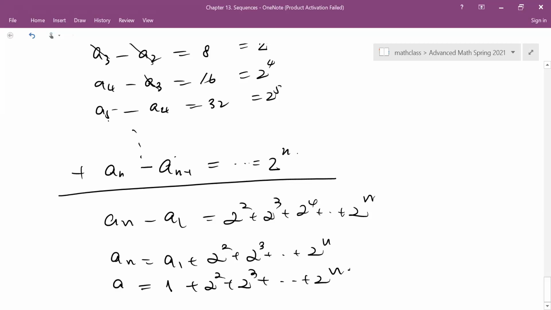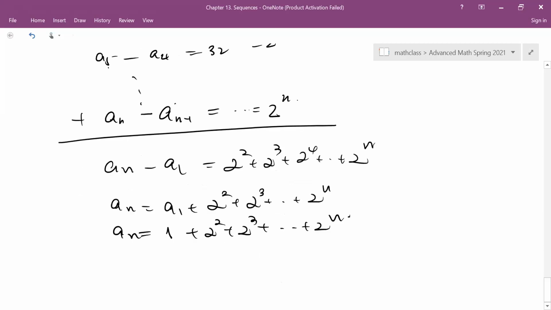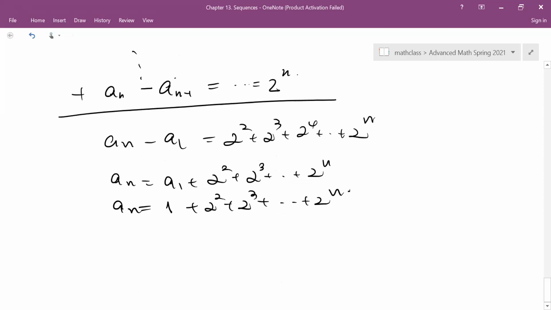So we get the formula for this sequence, and you can double check whether it's correct. Now, can I combine them into one fraction?